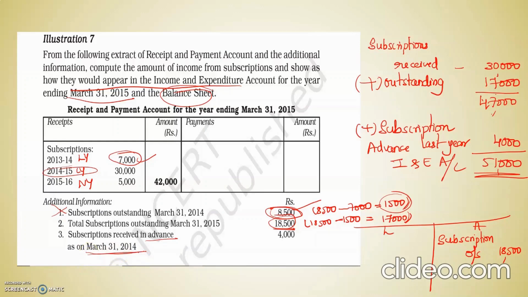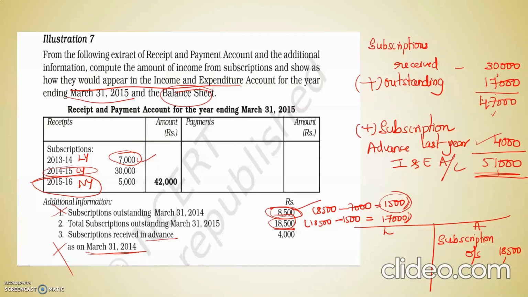Third one, subscription received in advance on 31st March 2014. So last year advance, in the last year balance sheet we must show that. Current year we adjusted it in the income and expenditure account. Further it will not continue in our balance sheet. So it is not shown in the balance sheet. But in the receipt and payment account, there is advance 2015-16. It is next year. Next year we collected in advance. We have not earned it.